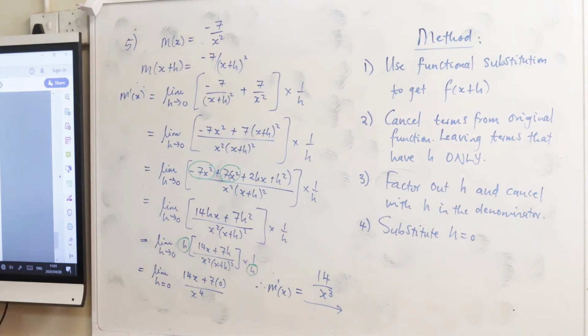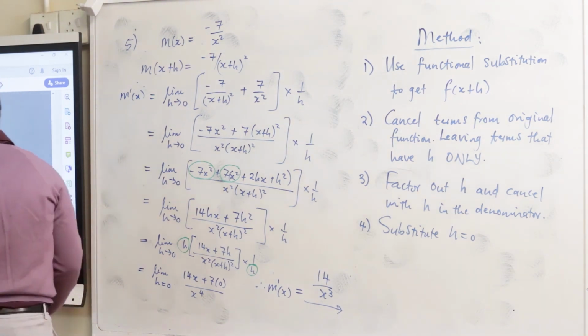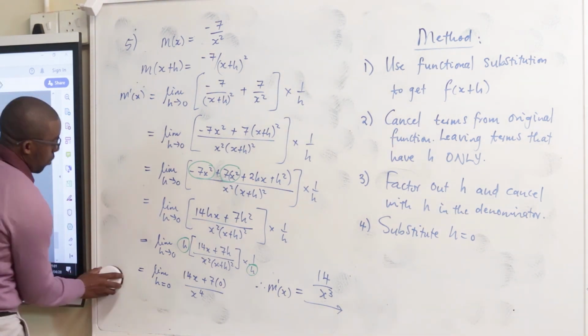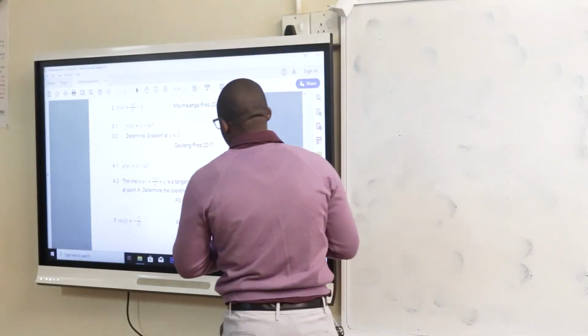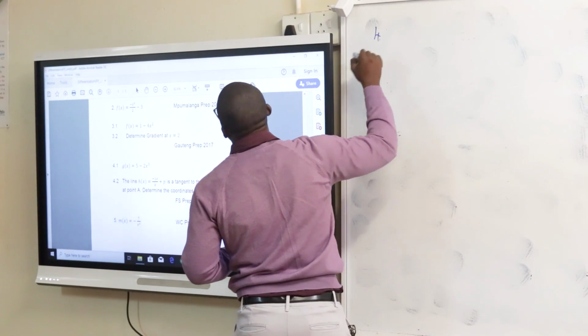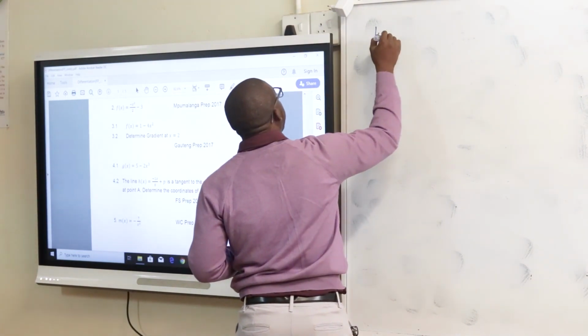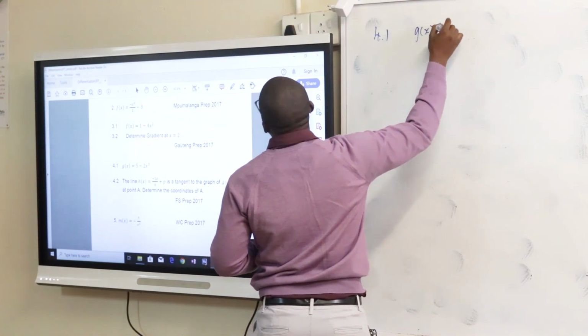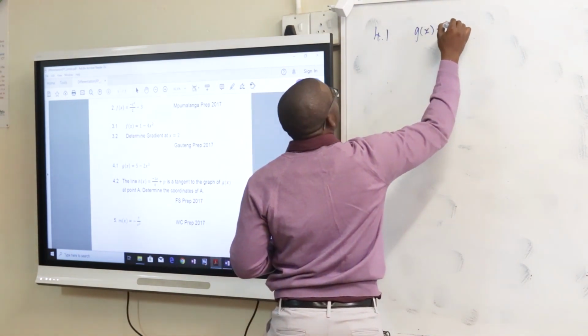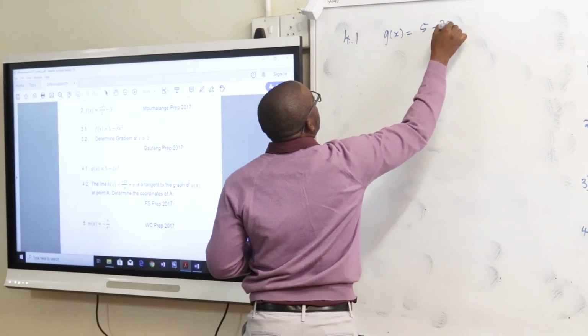I'll proceed to do Free State 2017, which is question number 4. Number 4.1, we have g of x is equals to 5 minus 2x cubed.